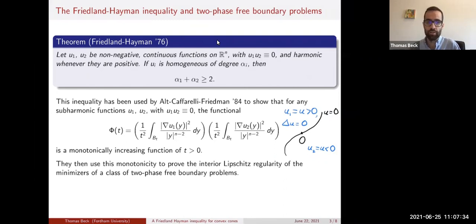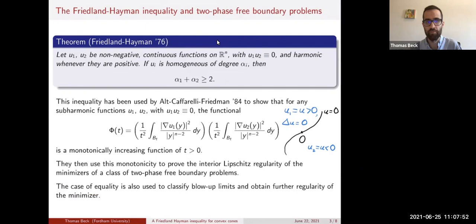And in particular, they used the monotonicity of this functional phi of t as t goes to 0 to establish that the minimizer of the free boundary problem was Lipschitz continuous in the interior of the domain where the minimizer was defined. And in fact, they also used the case of equality in the Friedland Hayman inequality to obtain further regularity of the minimizer. They used it to show that the free boundary, the set where u is equal to 0, which a priori has no regularity, is in fact a smooth hypersurface within the domain.